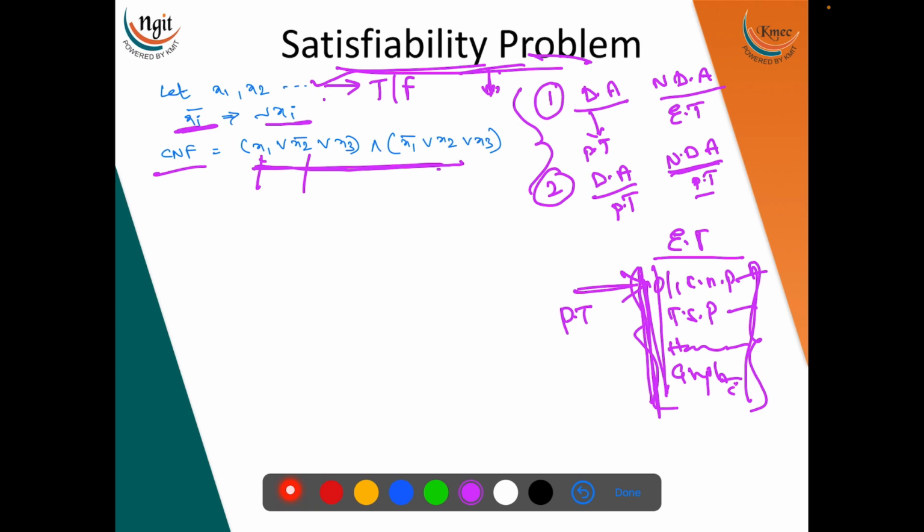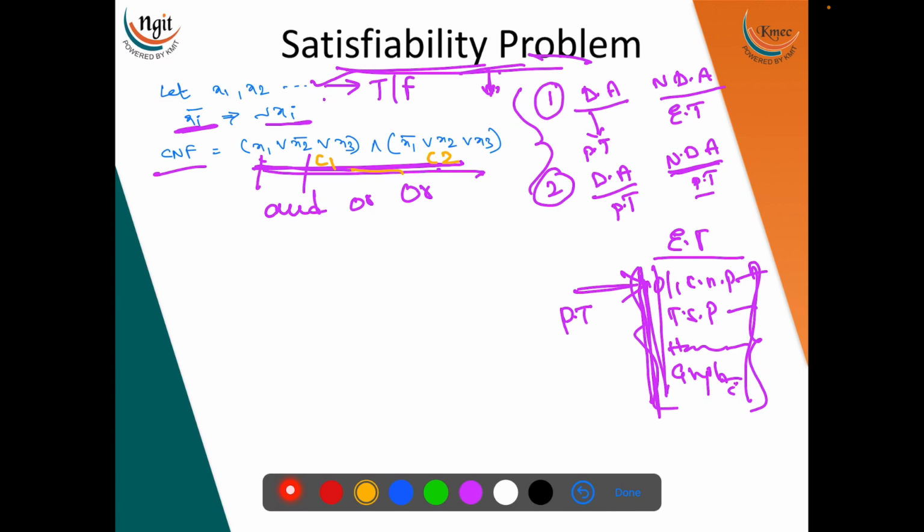Now, a formula in the propositional calculus is an expression that can be constructed using literals and the operations and, or. For example, if we have two clauses, C1 and C2, formed using disjunction and joined with the conjunction, this is what a CNF formula is.